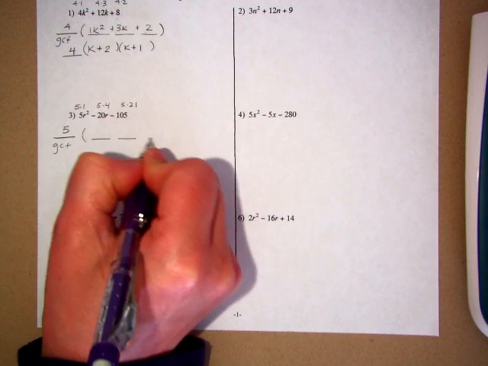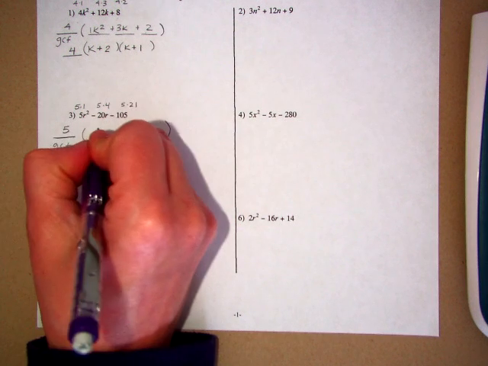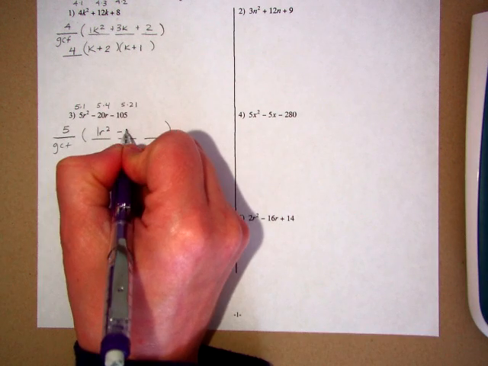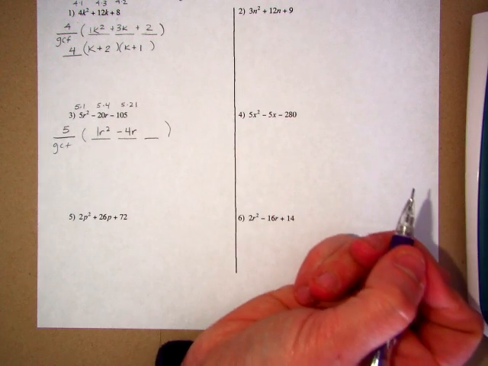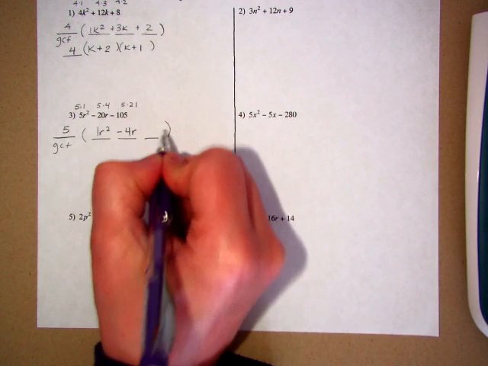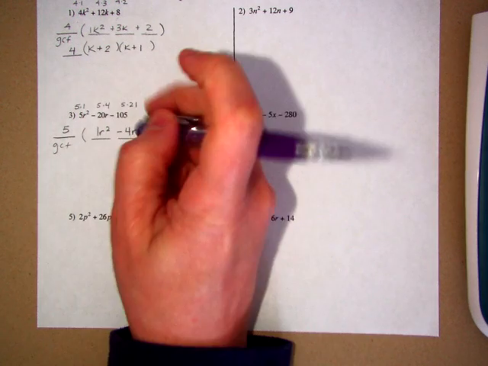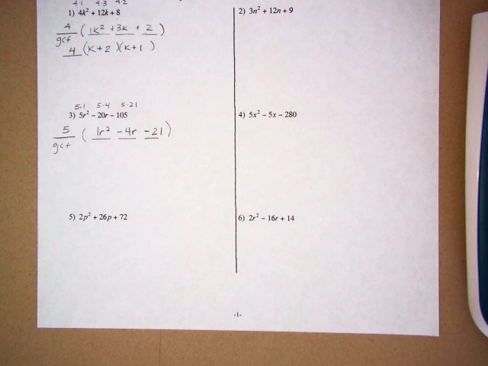It leaves me with 3 numbers on the inside. 5 times 1r squared gives me 5r squared. 5 times negative 4r gives me negative 20r. And 5 times 21 gives me negative 105. Error there, that should be a minus sign.